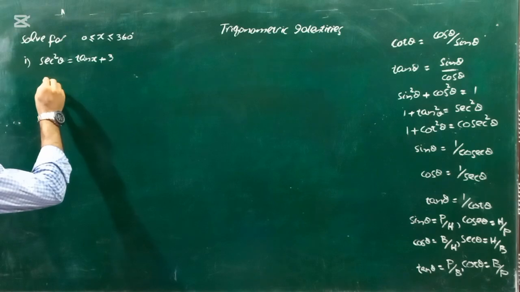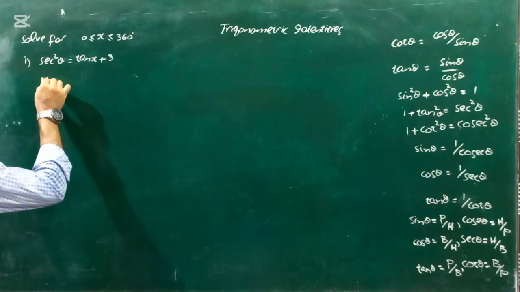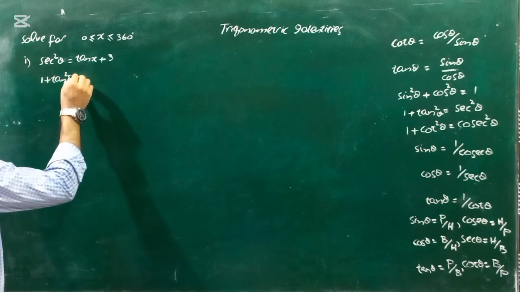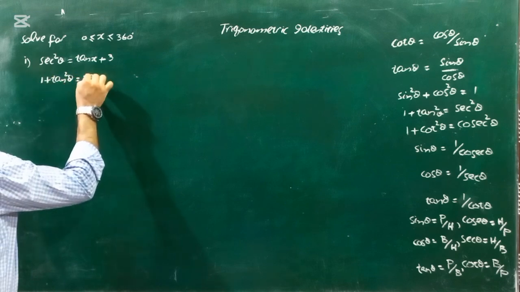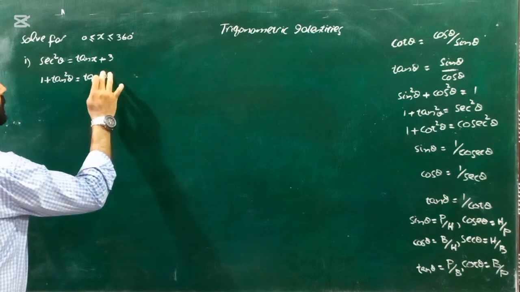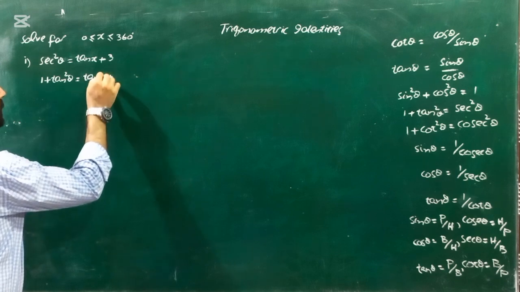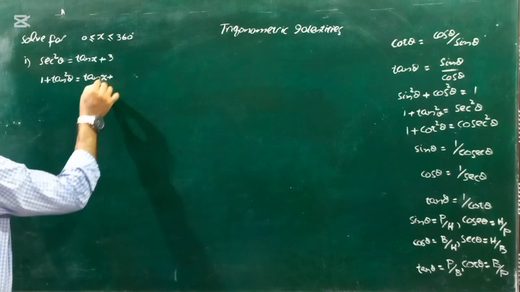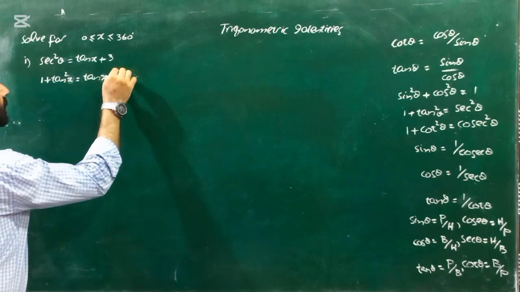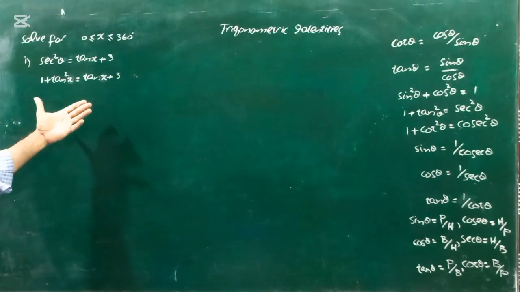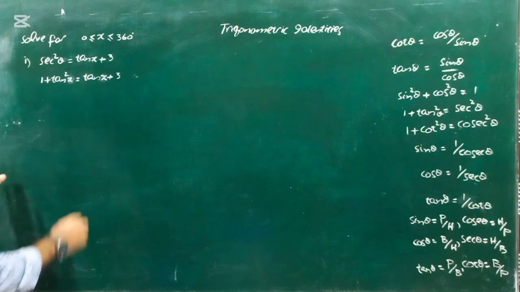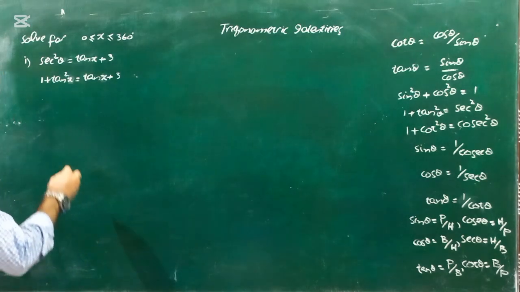So we will put 1 plus tan square x in place of secant square x, and the right side will remain as it is, that is tan x plus 3. Now you can see only tan is the trigonometrical ratio involved in the question, so the question will be easy to handle.